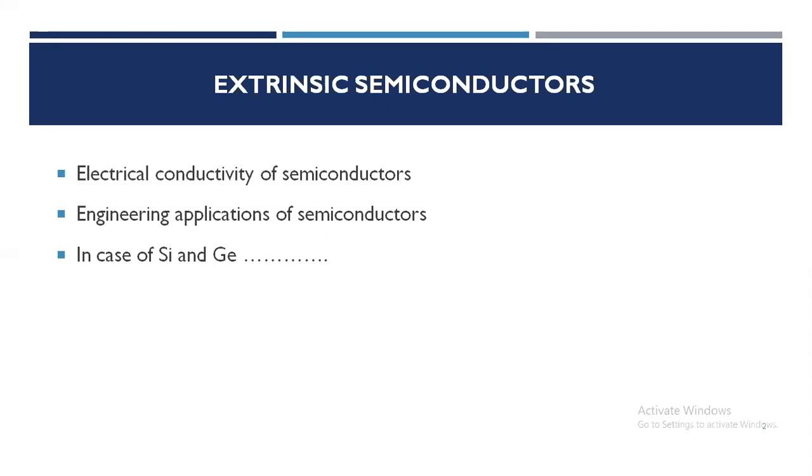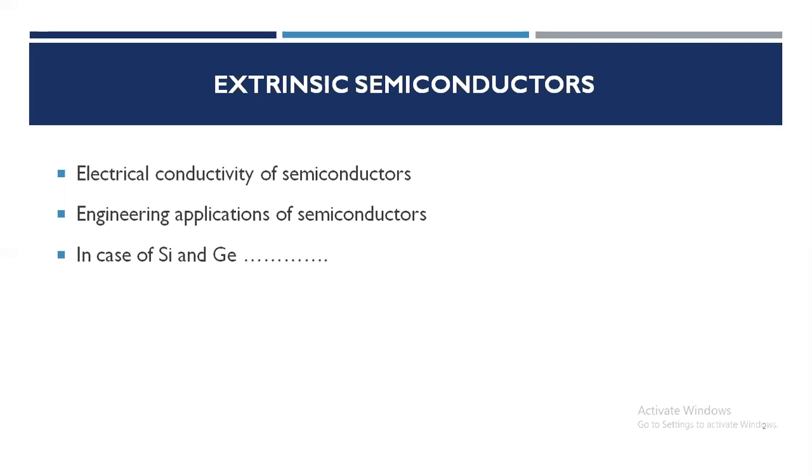And from the fifth column of the periodic table, they are phosphorus, antimony, or arsenic. Addition of a fraction of a percent of such elements may increase the conductivity by several powers of 10.